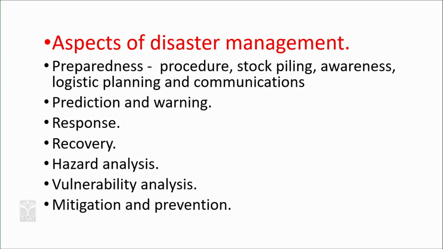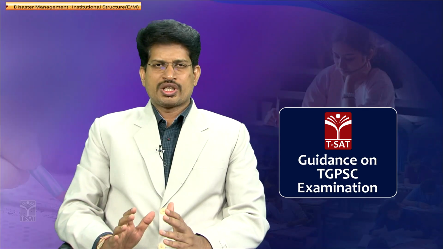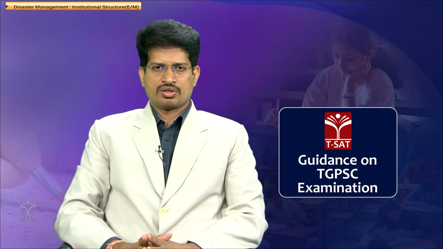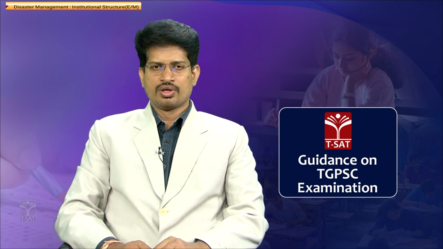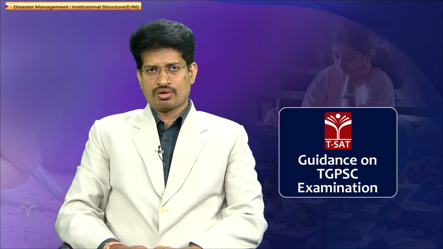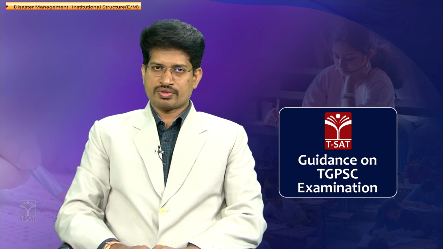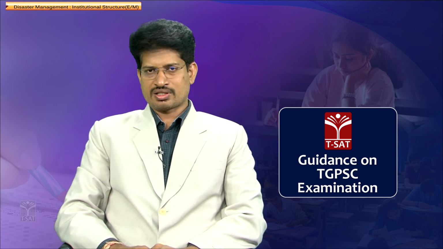disaster management. So the main aspects of disaster management are, for example, preparedness. You must be prepared in advance. In this process of preparedness, there must be a procedure. The procedure needs to be followed before the occurrence of a cyclone and after the occurrence of a cyclone.